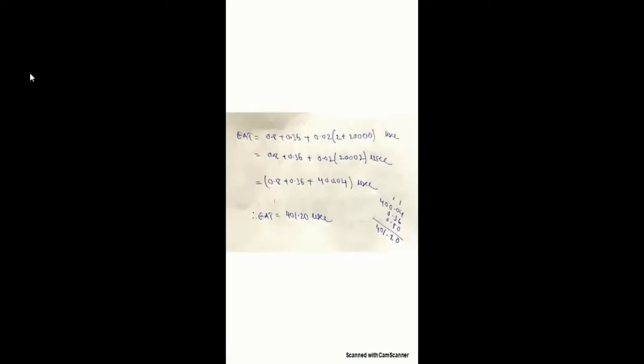So I get 20,000 plus 2, all in microseconds. Then 0.8 plus 2 into 0.18 is 0.36, plus 0.02 into 20002. When you multiply this, you get 400.04, and adding all of them, you get the effective access time as 401.20.